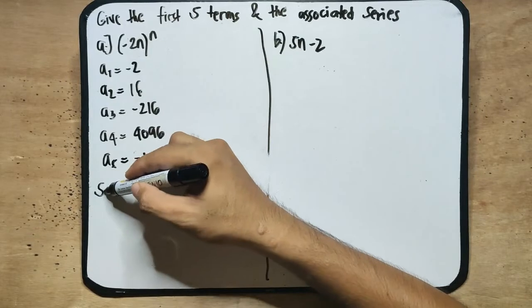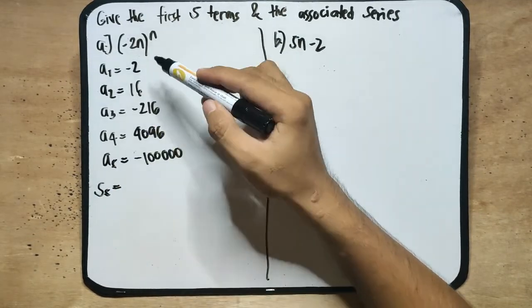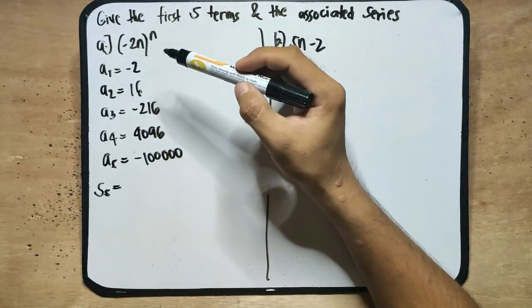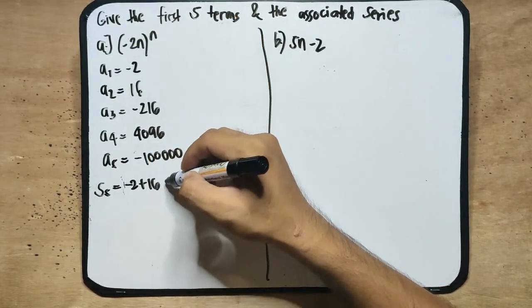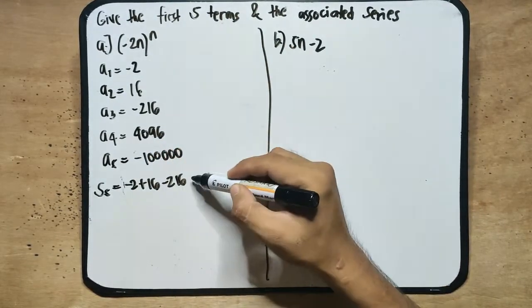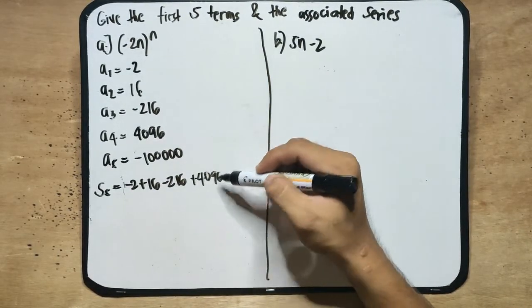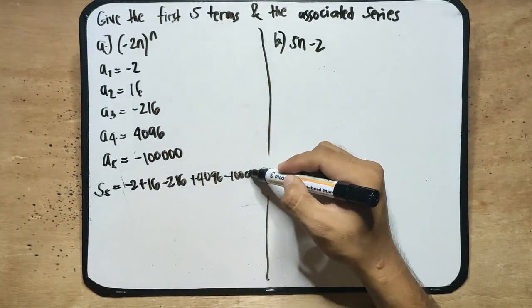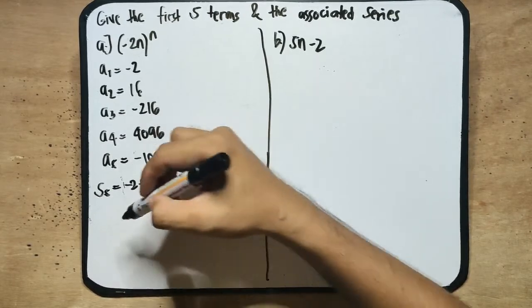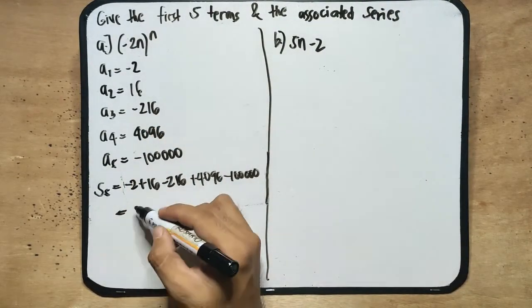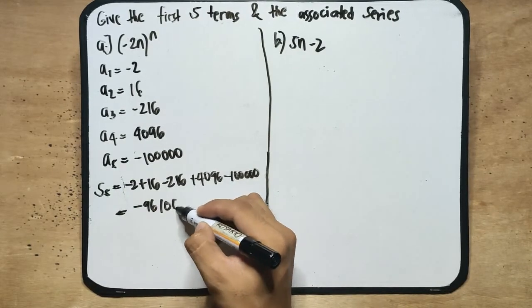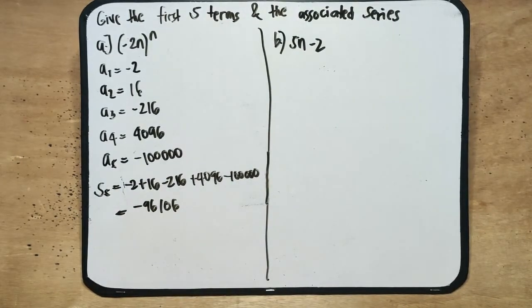So the associated series for these terms, we have negative 2 plus 16 minus 216 plus 4096 minus 100,000. So if we combine these terms, it will give us negative 96,106 as the value for the series.